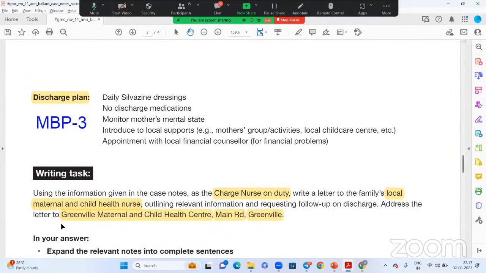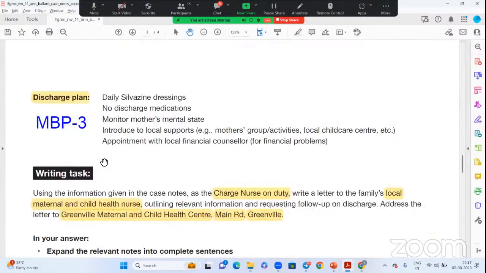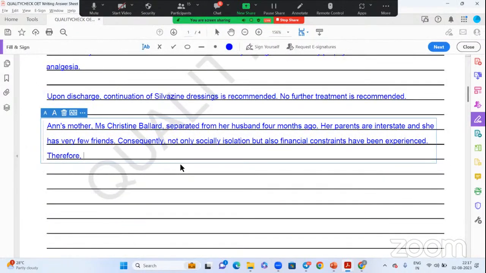Therefore, an appointment with the local financial counselor would be beneficial to overcome this situation, to come out of this financial problem.